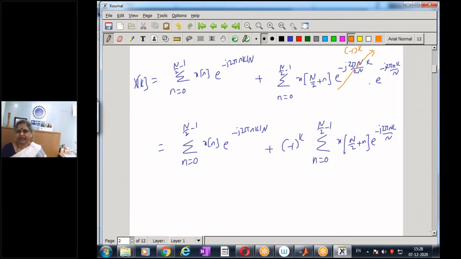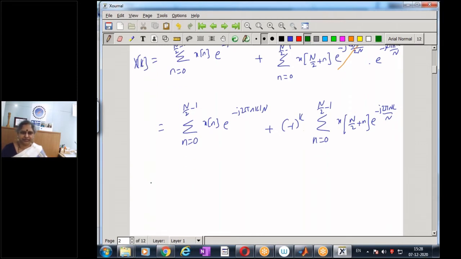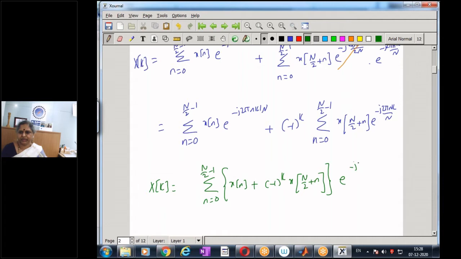So I can rewrite my result as x of k equal to sigma n equal to 0 to n by 2 minus 1 of x of n plus minus 1 to the power of k times x of n by 2 plus n, multiplied by e to the power of minus j 2 pi nk by n. This is what we have.